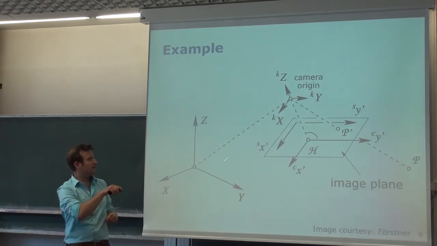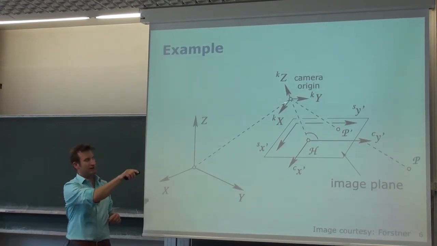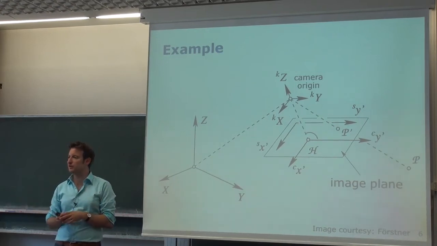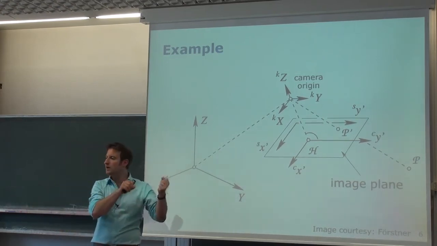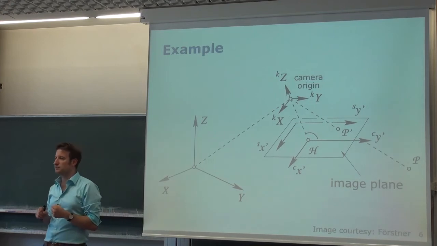The first thing is that the transformation between those is typically an arbitrary transformation, because I can take my camera to every point in the world and can take an image.